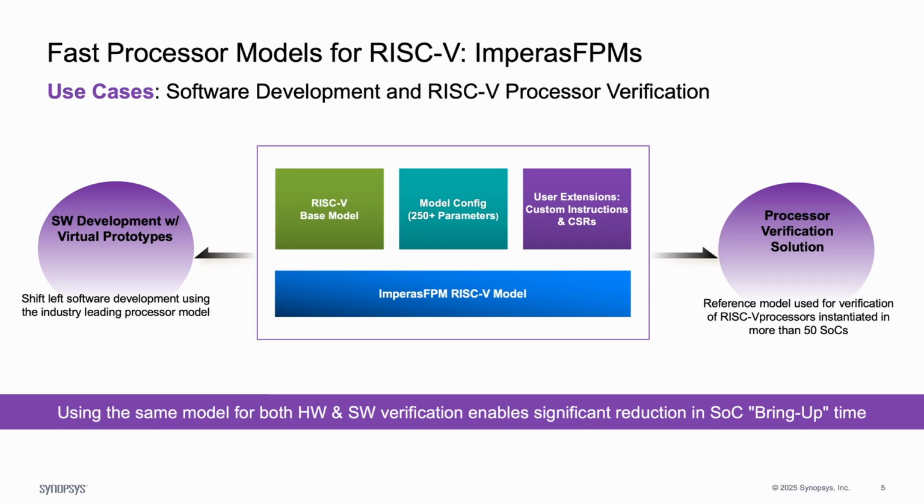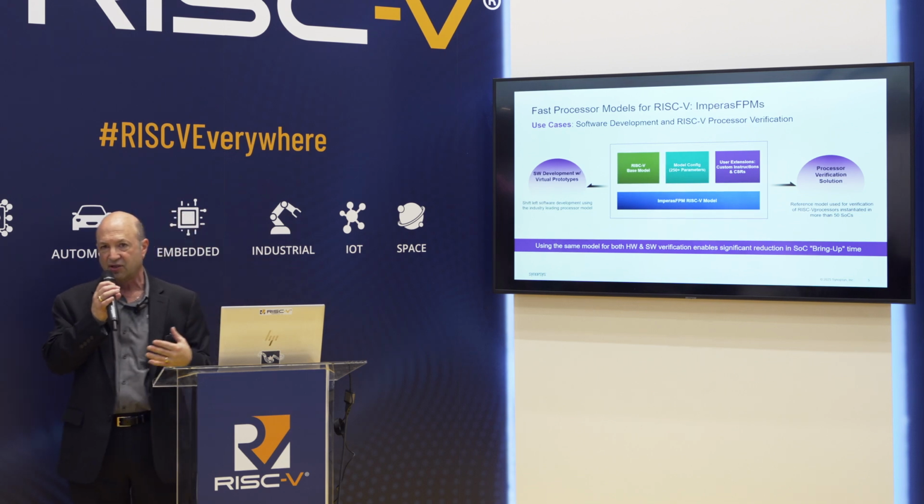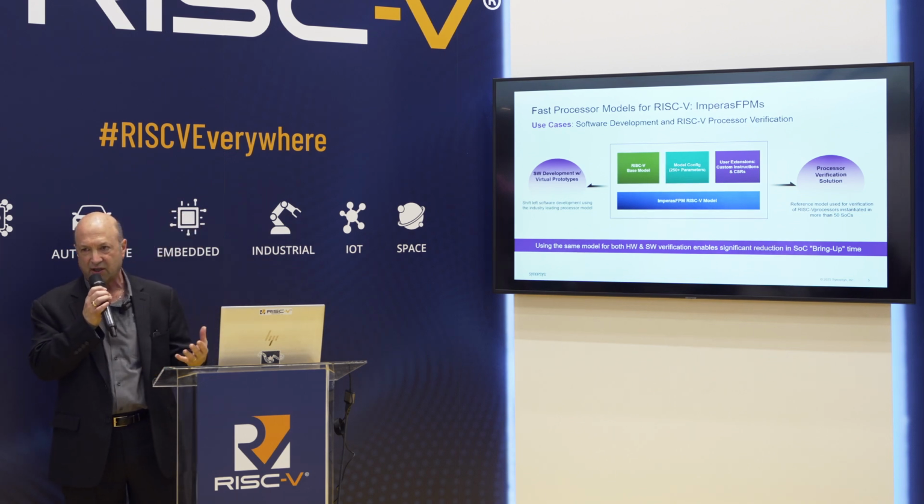A key piece in the dynamic verification environment are the fast processor models, the Empirus FPMs. We can see the architecture here, that there's a base model, the ability to configure that within the spec, and the ability to add custom instructions. This model then can be used with virtual prototypes, the Virtualizer tool from Synopsys, and also gets used as the reference model in verification. And the nice thing here on the verification side is that we've been doing this for a while.